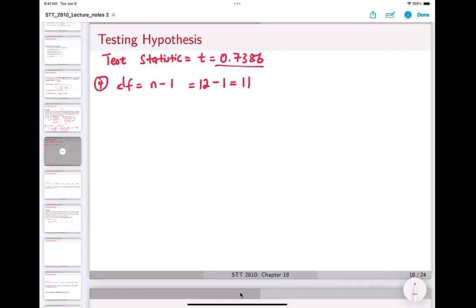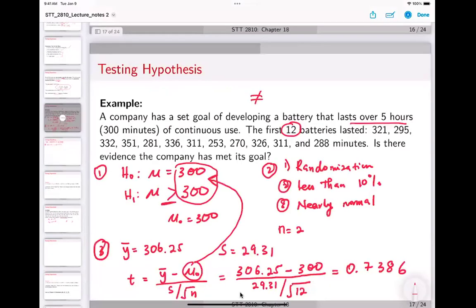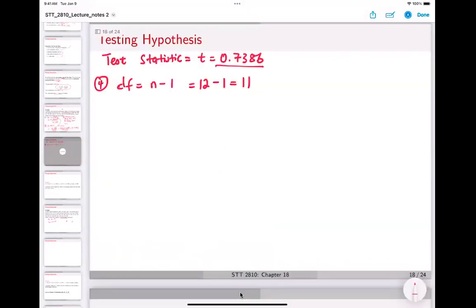I remember when we were dealing with the confidence interval, I showed you that even if you have the degree of freedom, you can get the sample size. All you have to do is to add 1 to that. Is that okay? So the degree of freedom is 11. And the alternative hypothesis here is greater than. So now we are going to learn how to read the p-value.